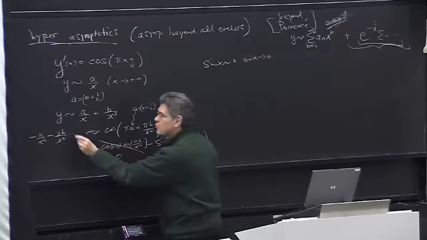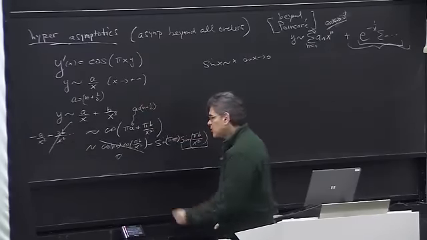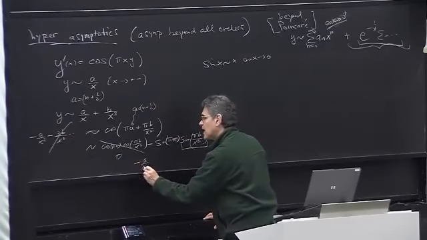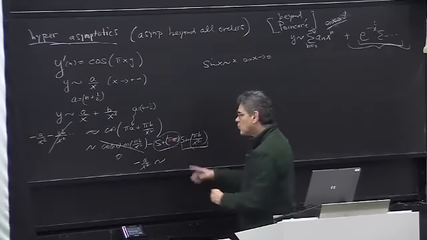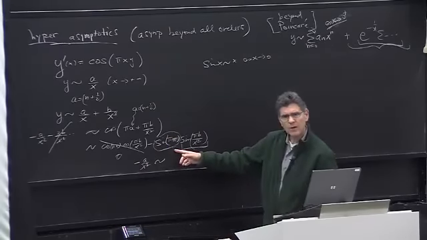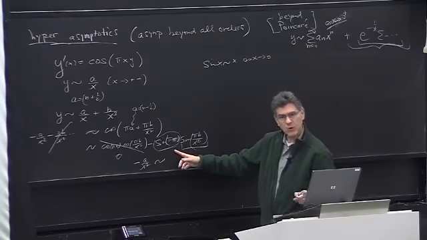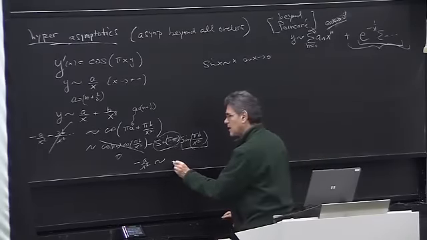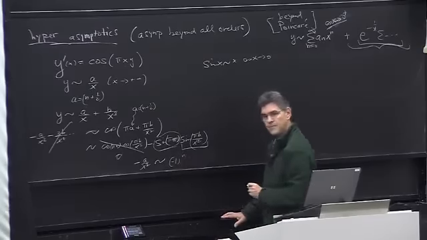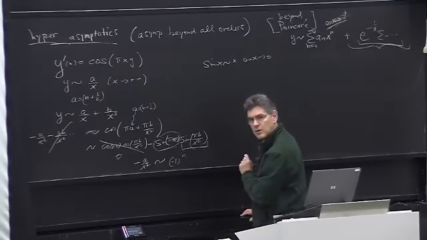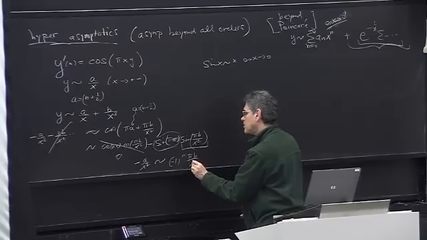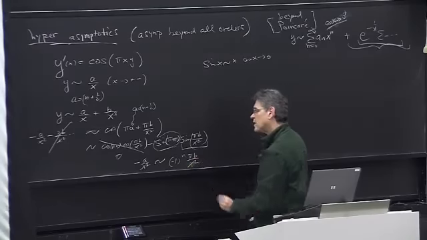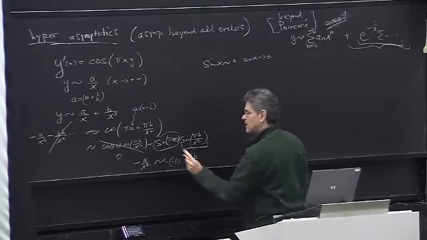So for large x, we'll throw that away, and we conclude that minus a over x squared would be asymptotic to sine of pi a. What is the sine of pi times n plus 1/2? Minus 1 to the n. Times sine of a small argument, which is pi b over x squared, and a minus sign here.